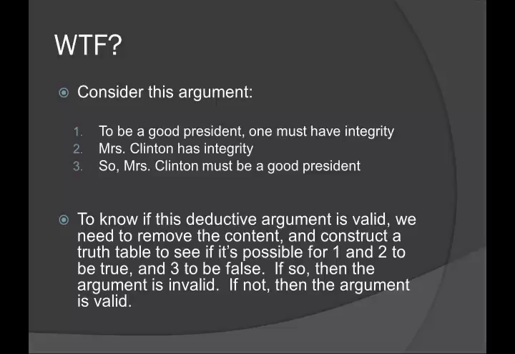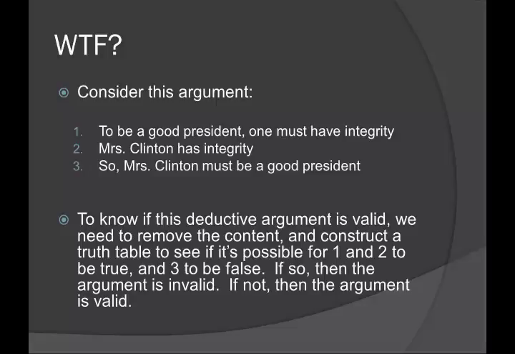So to know if this deductive argument is valid, we've got to remove the content, and then we're going to construct what we call a truth table, and I'll explain to you later what that is, to see if it's possible for 1 and 2 to be true and for 3 to be false. If that's possible, then the argument is invalid. But if it's not possible for the premises to be true and the conclusion to be false, listen carefully to what I'm saying.